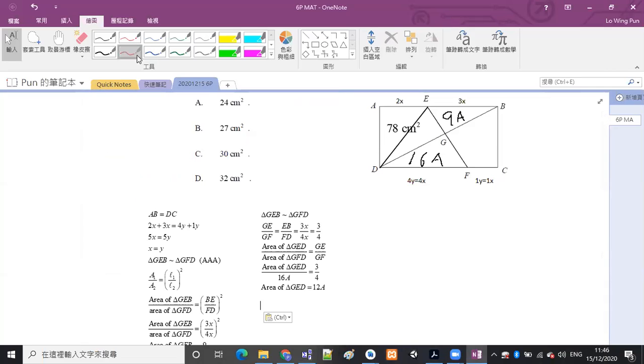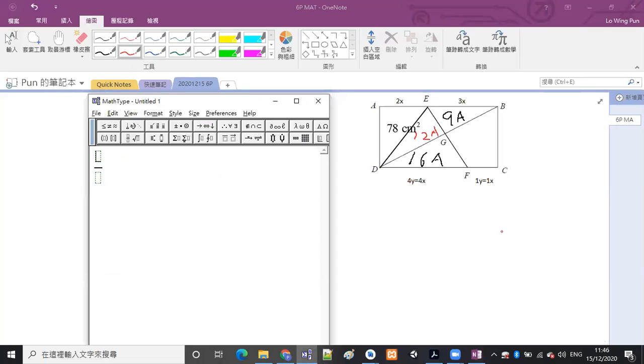好啦，跟住咧，我哋揾到呢一個部分係12A嚟嘅。差唔多噶啦。好啦，跟住咧，我哋再用呢一個。用多次啊，triangle EDB 同埋 triangle EDA。The area of triangle EDB to the area of triangle EDA is equal to EB to EA.